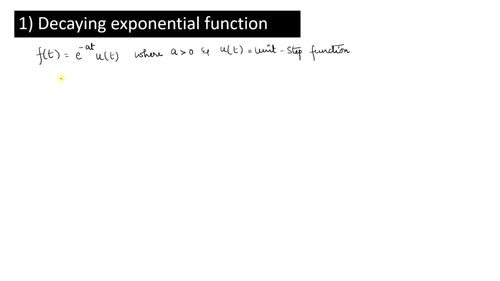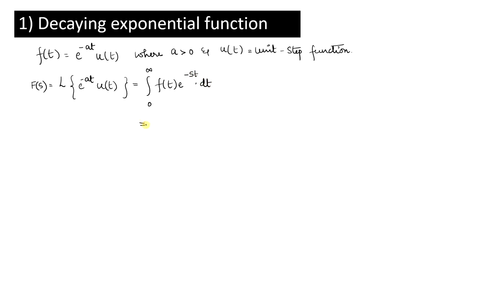So you have the Laplace transform of e power minus at u of t equal to F of s, and this is computed as the integral from 0 to infinity, because we are considering the unilateral Laplace transformation, of f of t e power minus st dt.